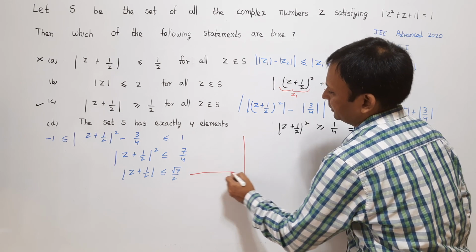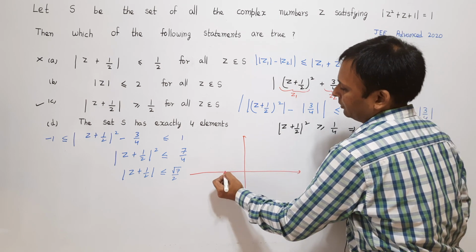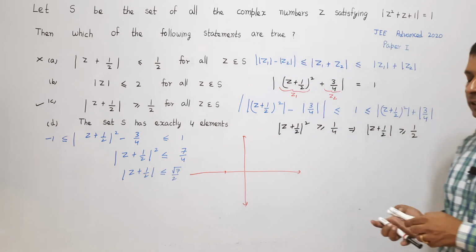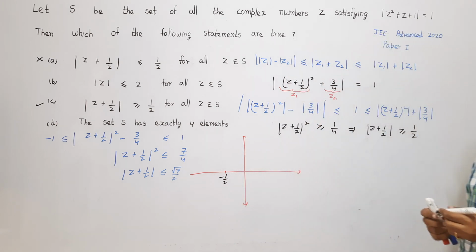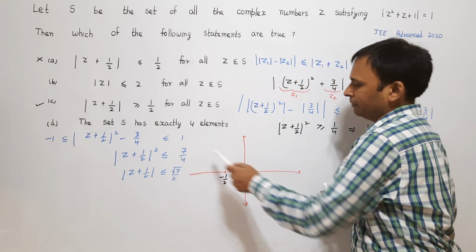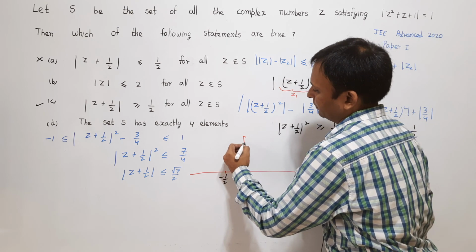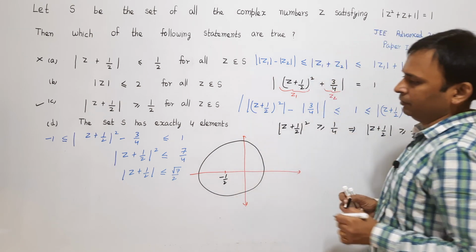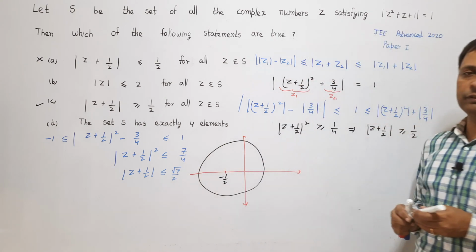This is my y-axis, the imaginary axis, and this is the real axis. The center of this circle will lie on the real axis, which is minus 1 by 2 comma 0. And what would be the radius of such a circle? It will be root 7 by 2, which is greater than 1 by 2. So the circle, if I want to draw, would come up something like this, whose center is minus 1 by 2 comma 0 and radius is equal to root 7 by 2.